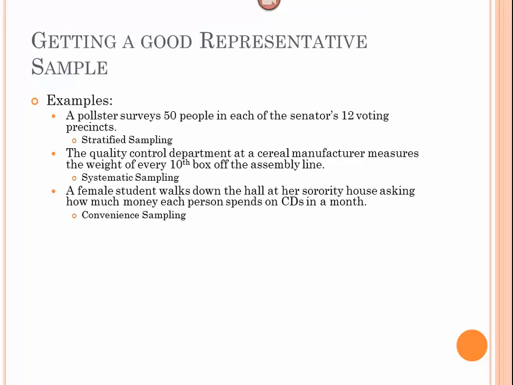Males may have more of an inclination to go out and buy CDs. I don't know, but it's possible. And also, she's only talking to the girls that are in her particular sorority, and only those who are there at the time. So there's a lot of problems with her strategy. It's very convenient for her. She can still walk around in her PJs and her slippers, but unfortunately she's not going to get a very good sample from that.